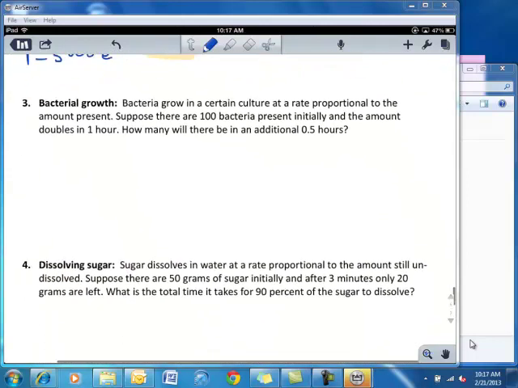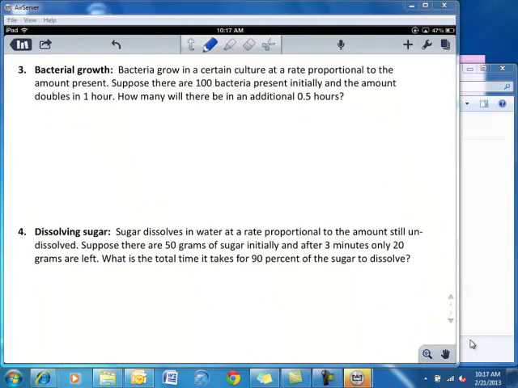Let's do number 3. Bacteria growing in a culture pretty decently follows exponential growth, so let's try this. What differential equation would you write for that? dB/dt.